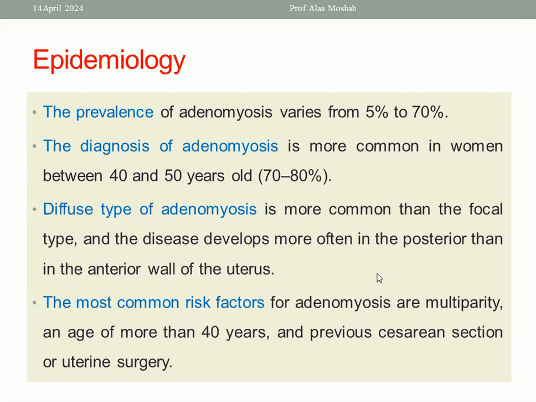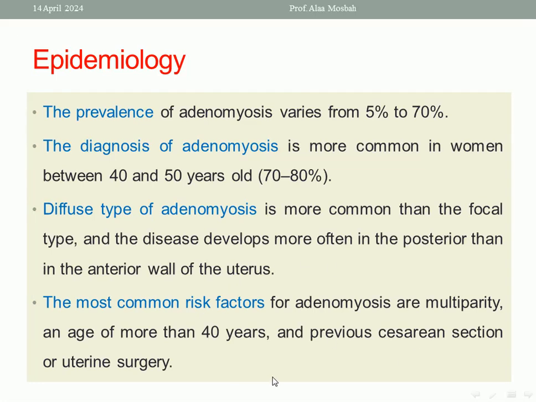It is rarely seen at the cornua and at the isthmic region. So the commonest site is the posterior wall, and the posterior wall is commoner than the anterior wall. The rarest sites are the cornua and the internal os or isthmic region.